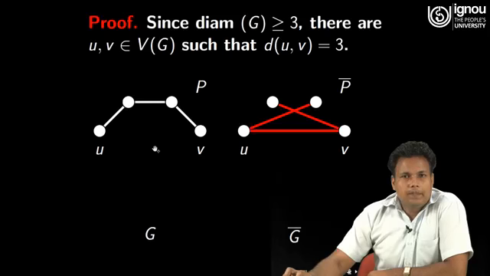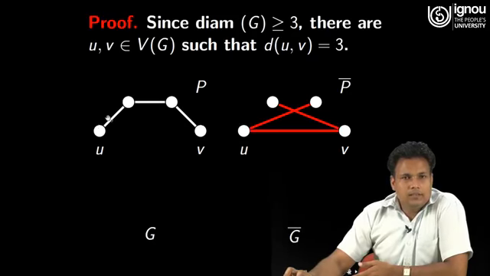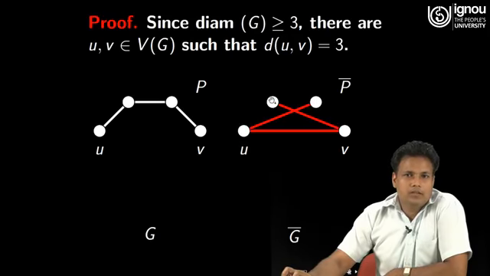Now you just pick any two vertices, say X and Y in G bar, then those vertices would also be in G. So if both X and Y lie on this path, then the distance between them is at most 3. We can see that any two vertices on P bar are at a distance of at most 3.